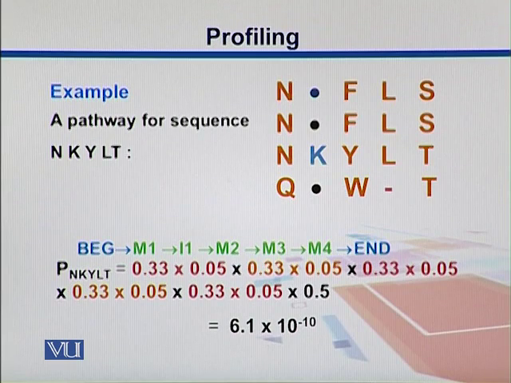And then you can have an insert state where you can have a probability of seeing an amino acid K. So there is an insert state, but within that insert state, again from the beginning you can see any one of those symbols. It can be any amino acid out of the 20.